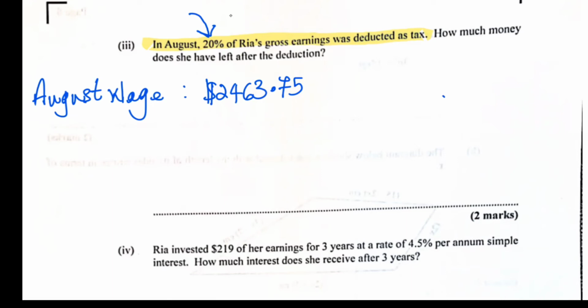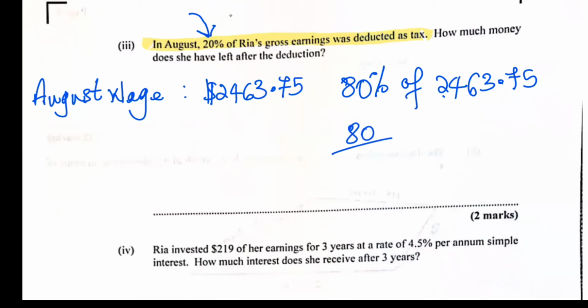The shortest way right now is to understand that if 20% goes, she will be left with 80%. So you can find 80% of the $2,463.75, and you would have gone straight to the answer immediately without having to subtract anything at all.